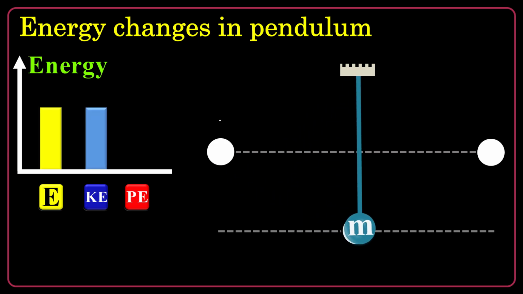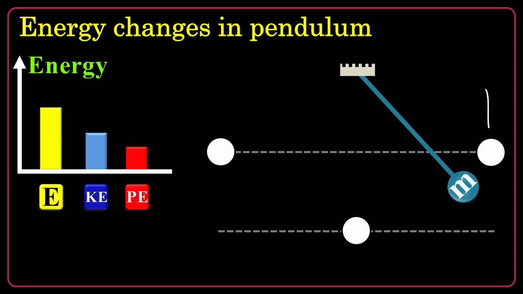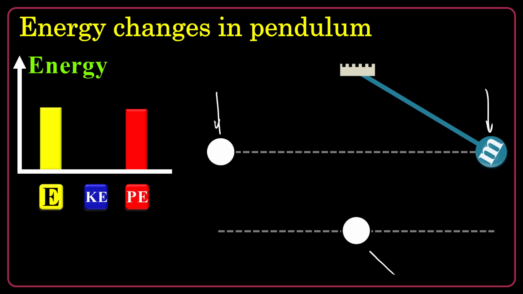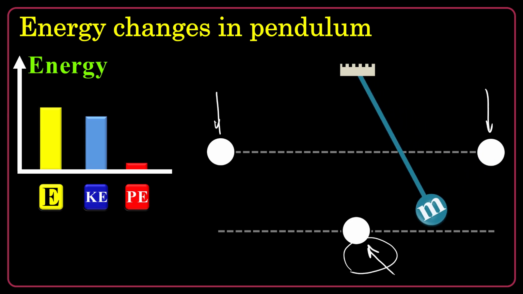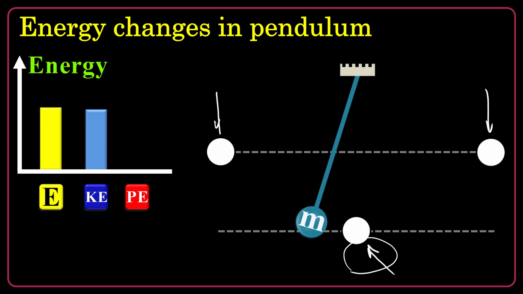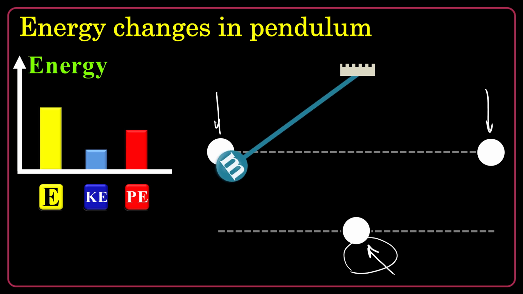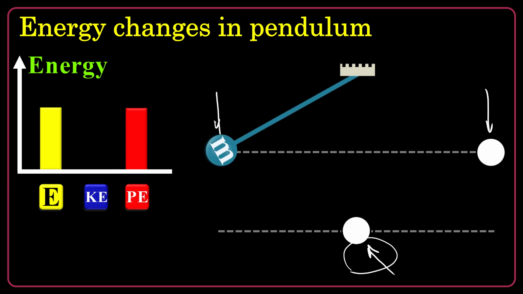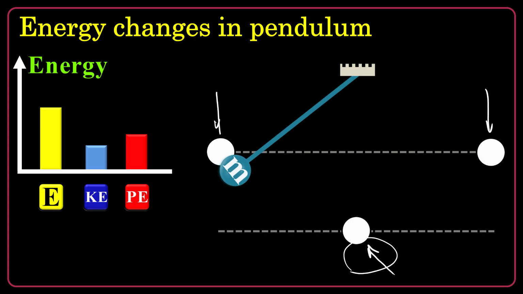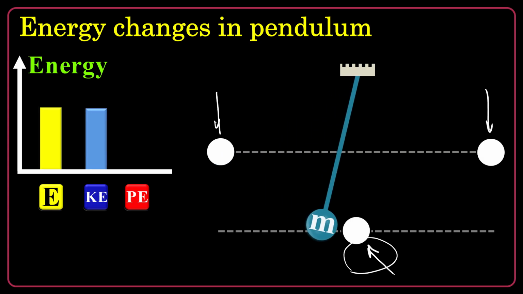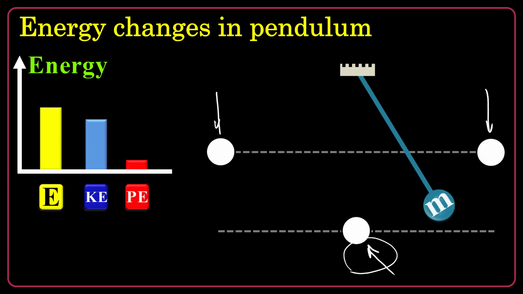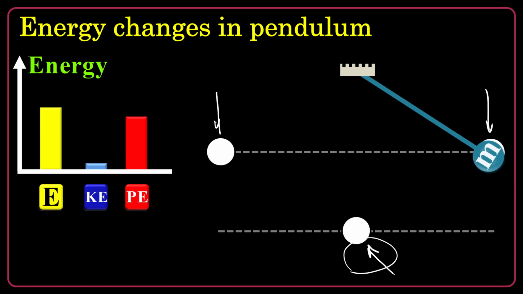There are 3 important points: the 2 dead points and the rest point. Rest point does not mean that here the bob is at rest. No, here the bob has its maximum velocity, but we say it's rest point because out of any speed, out of any mechanical energy, the bob will rest in vertical position here. This is why in physics we say it's rest point.